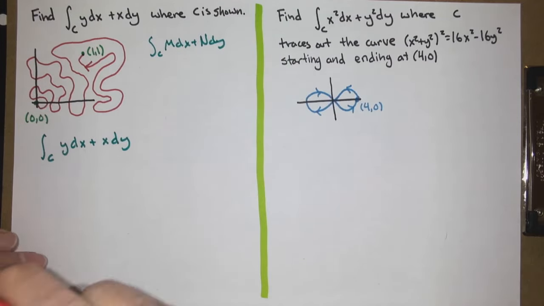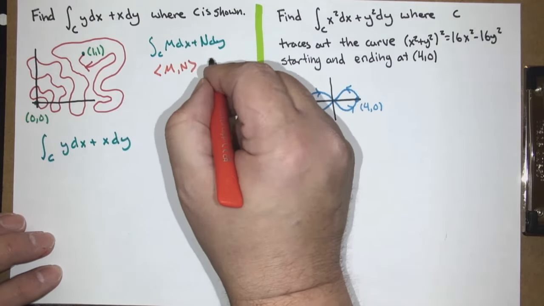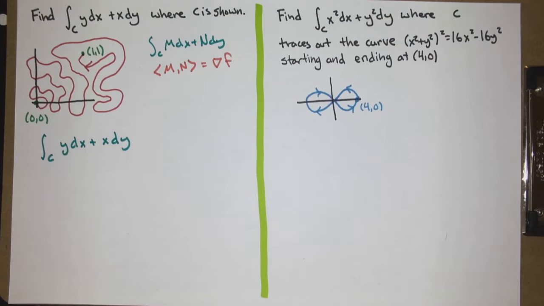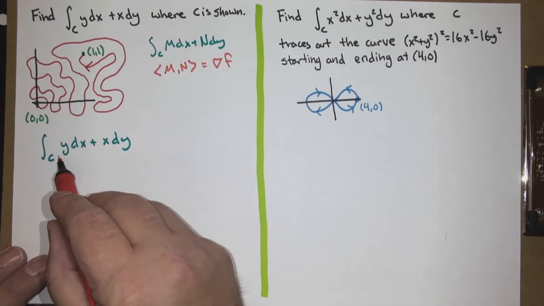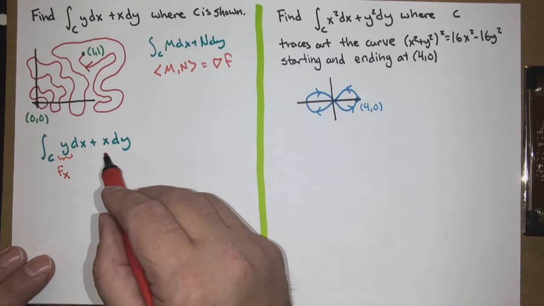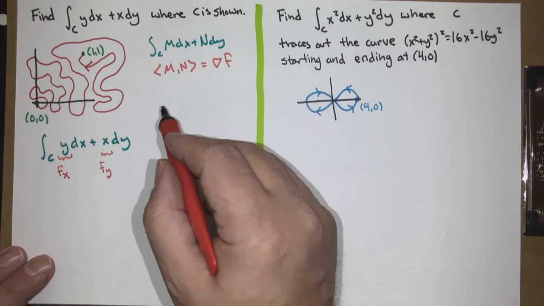What's our idea? Well, we want this m comma n to be the gradient of something. That's our goal. So if that were true, for us, that would say this y should look like an f sub x, and this x should look like an f sub y.